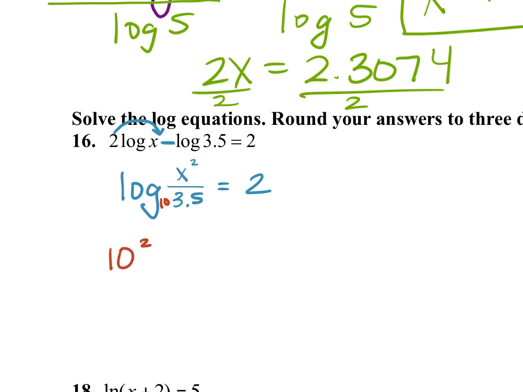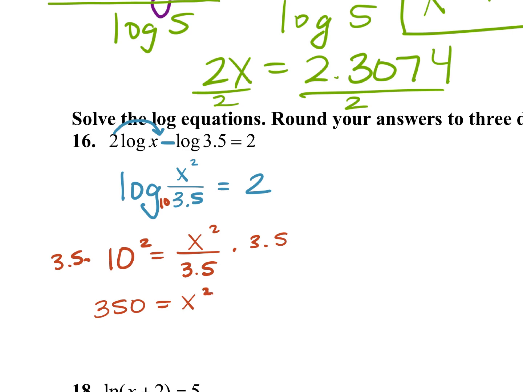2. To the second power equals x squared over 3.5. If you want to make that 100, that's fine. What do you do next? Multiply by 3.5. Okay, so 3.5 times 100, so 350 equals x squared.